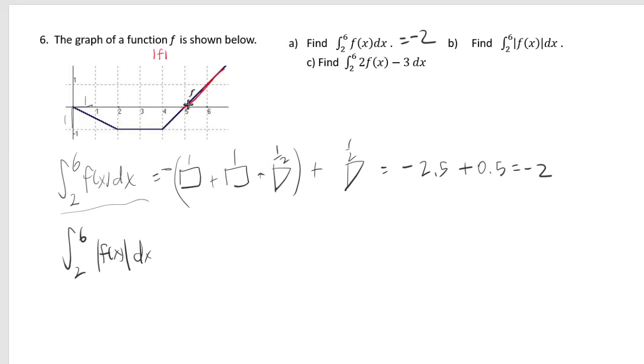So where f is negative 1, it would be positive 1 if you take the absolute value, right? So it's going to be like this, and then this. It's like the exact mirror image of the portion that's below the x-axis.